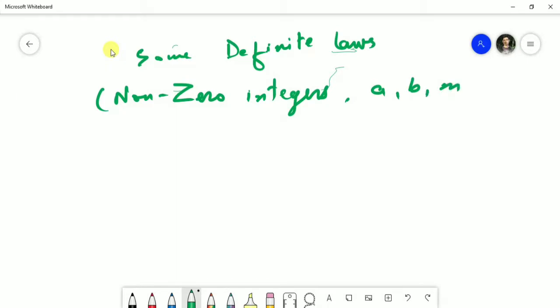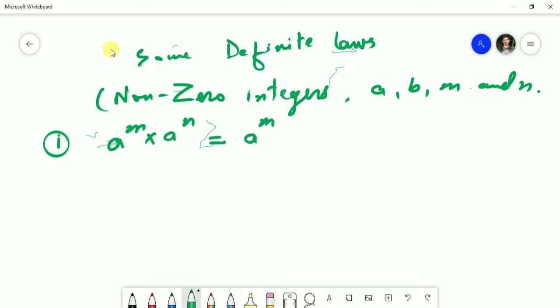Let us first discuss the first law. For example, if there is a number a raised to power m, times a raised to power n, we can use the formula a to the power m plus n. I will give you an example, no need to worry.